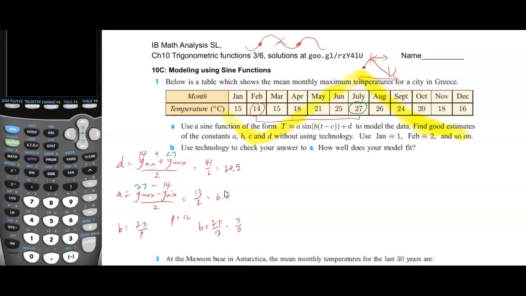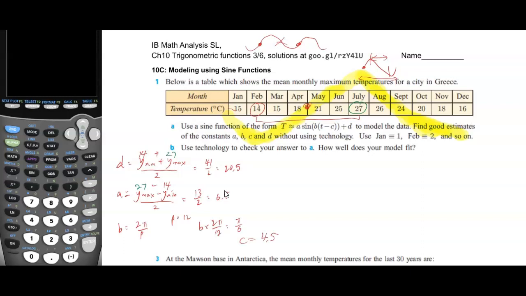In this yellow curve I drew, it looks like going up would be around, I don't know, here. I mean, in the middle going up would be around there, right? Kind of like that. So I would say it's between April and May, the beginning of this sine curve. So I would say that the C would be between month 4 and month 5. So that would be 4.5.